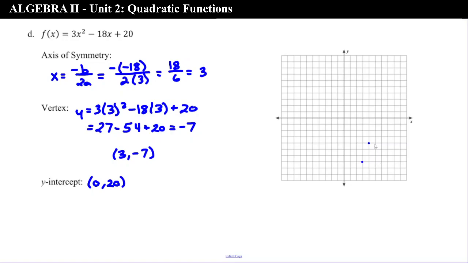So 1, 2, 3, 4, 5, 6, 7, 8, 9, 10, 11, 12. And then we can reflect both of these points on the other side of the axis of symmetry. And those are the points that you need to be able to draw a reasonable parabola.